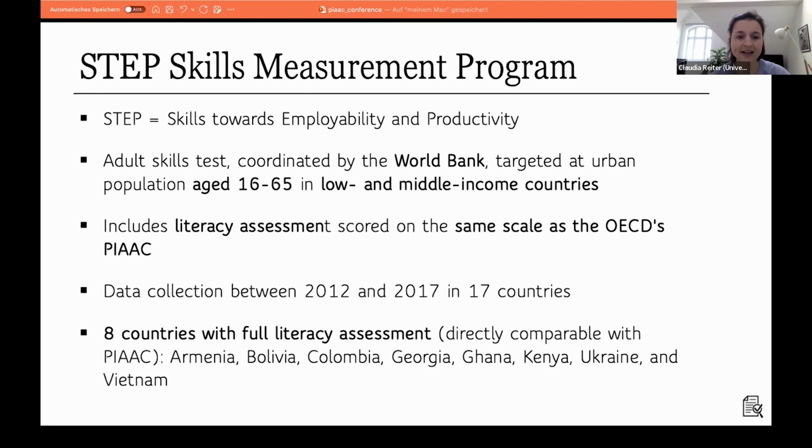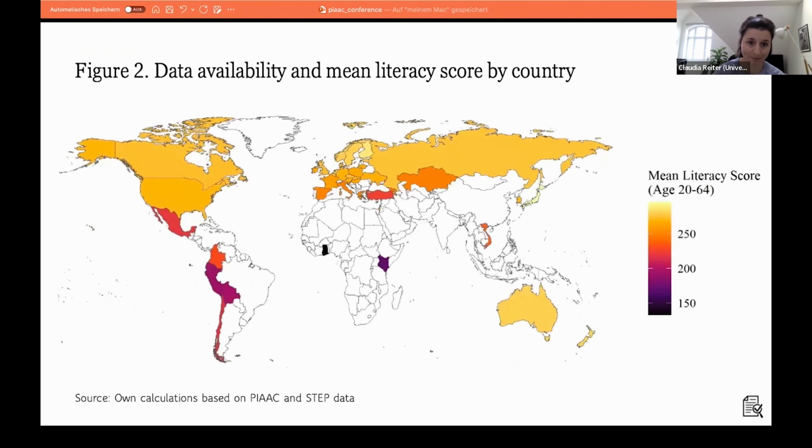And I included 8 countries with STEP data, because only 8 countries conducted the full literacy assessment with the same 0 to 500 score scale as done in PIAAC. And you can see the countries here: Armenia, Bolivia, Colombia, Georgia, Ghana, Kenya, Ukraine, and Vietnam.